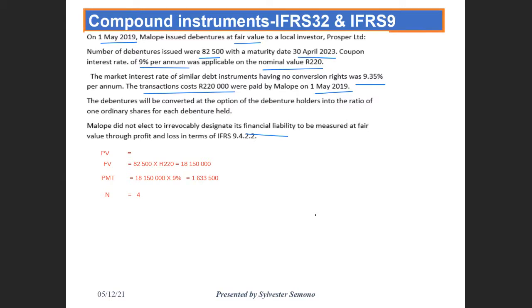So 9% is just the one that is quoted, and it doesn't have the compound feature. Okay. But again, for more information, those who are still doing the undergraduate studies, you'll see, especially under financial management, that they normally ask you to calculate the effective rate, and they will give you what?